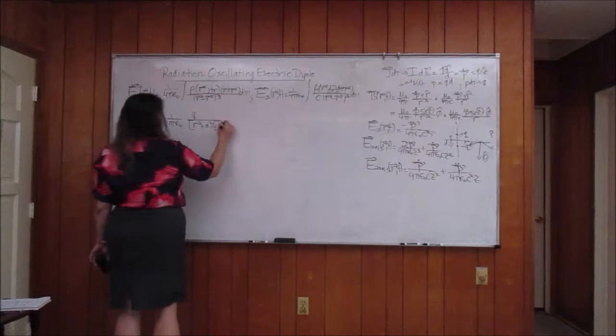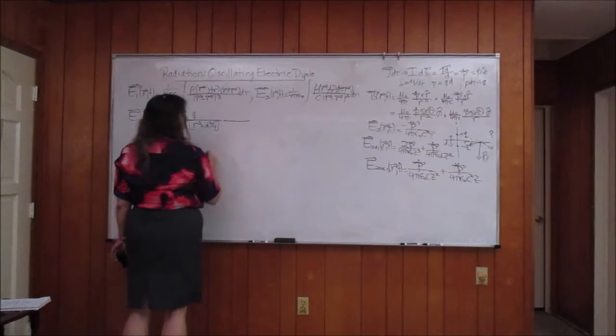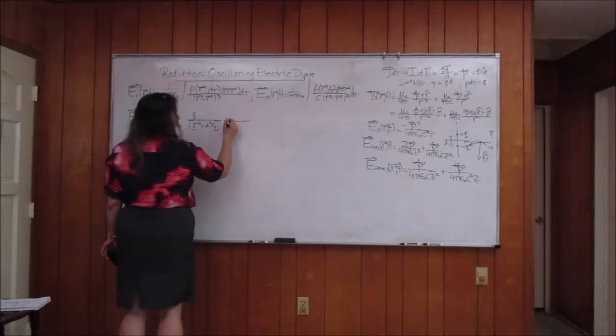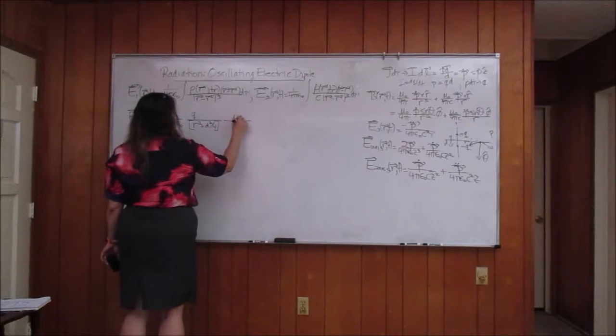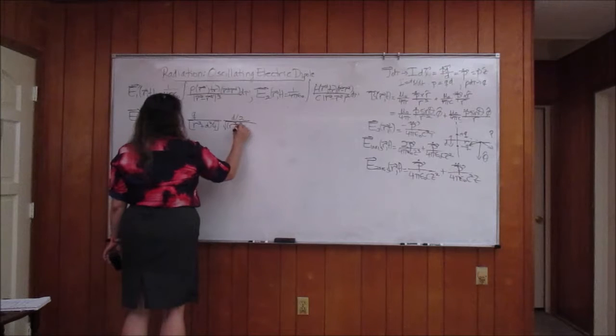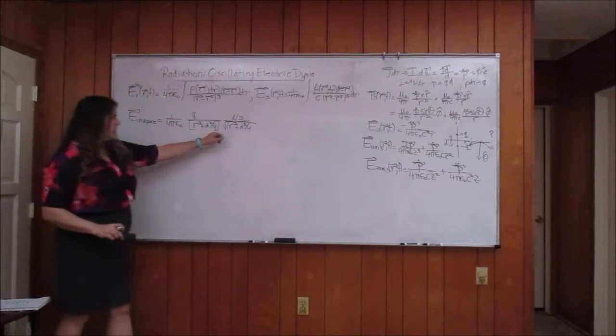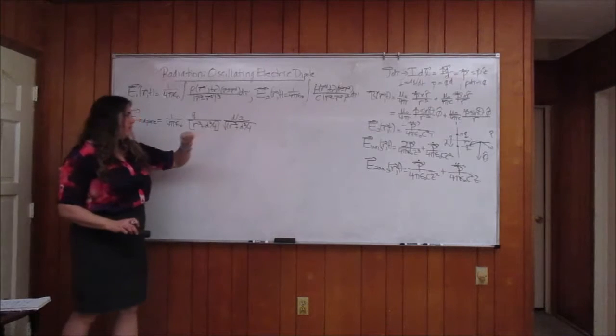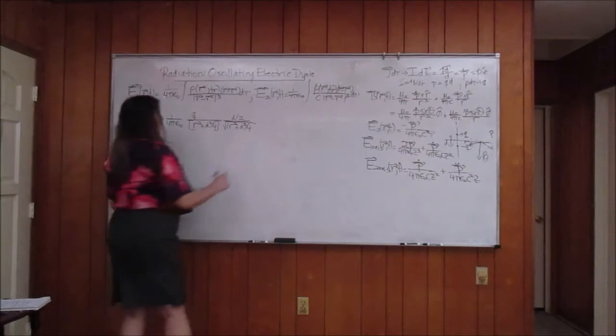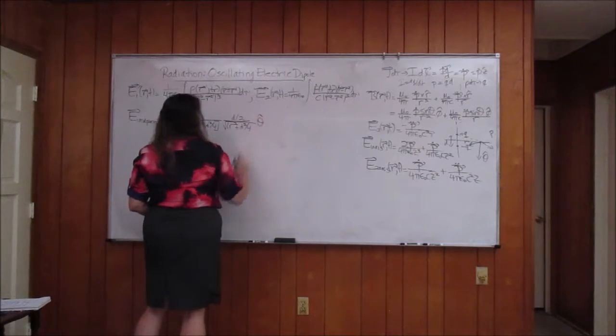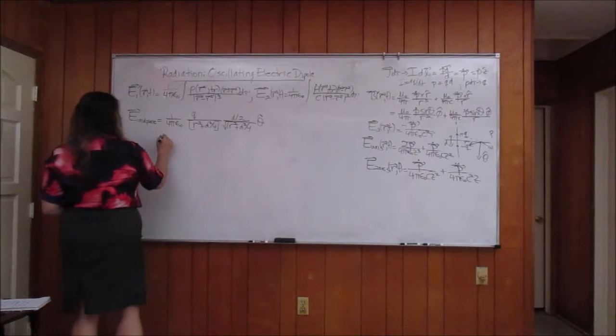Well, I'll get the contribution of d over 2 over the square root of r squared plus d squared over 4. And that's going to be pointing in the theta direction.